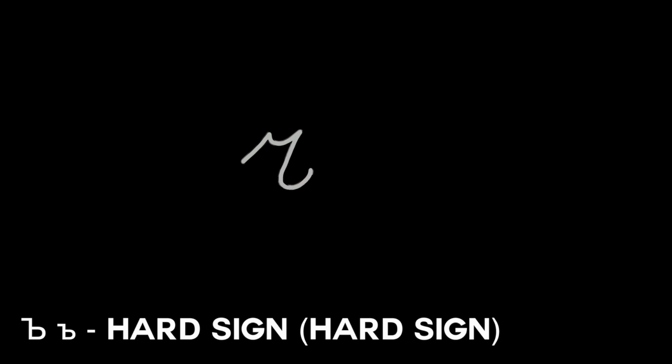In Russian, it is used to indicate that the preceding consonant should be pronounced hard, without any palatalization that might typically occur before a following vowel. This is a unique sound not found in English, and it can be challenging to pronounce for learners of Russian.